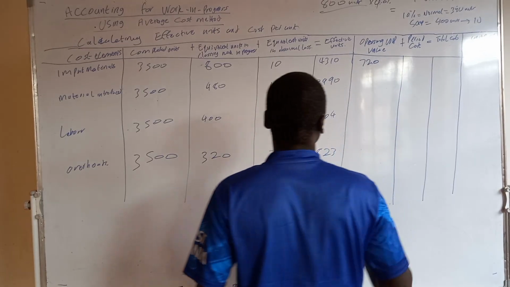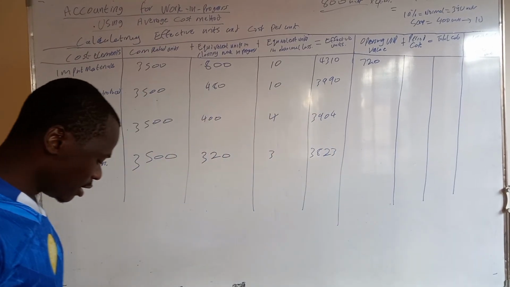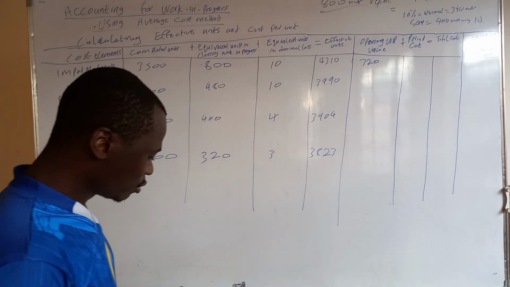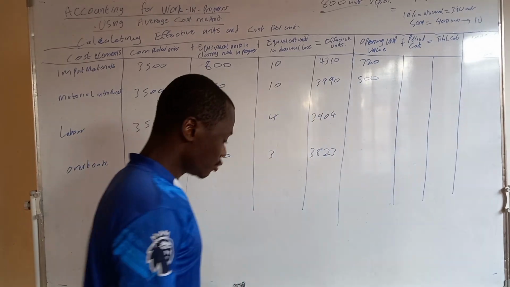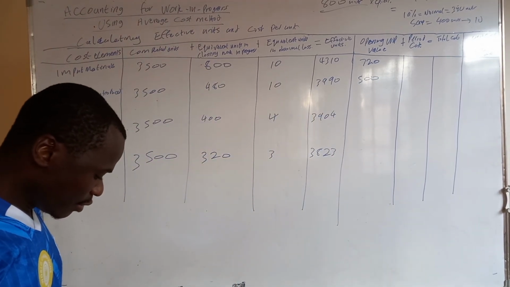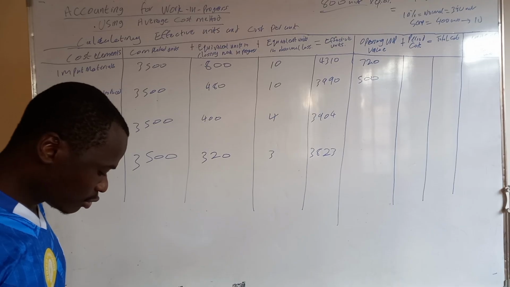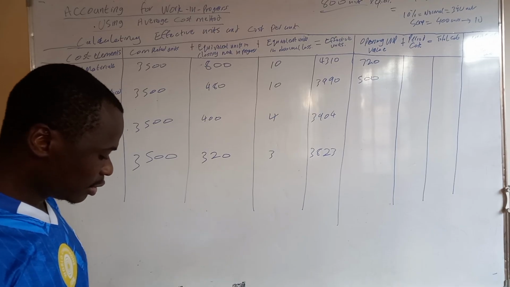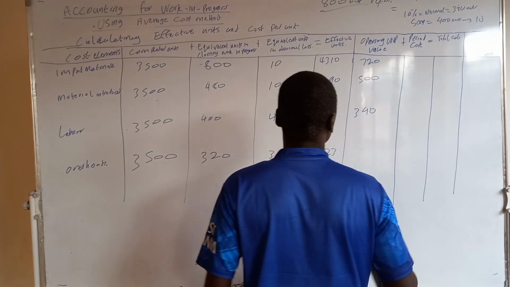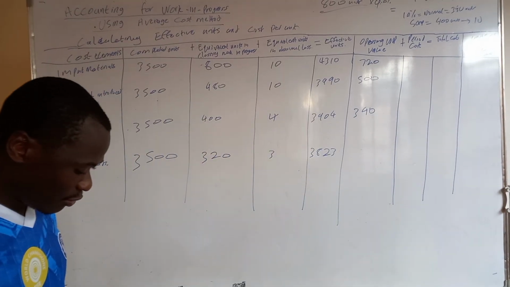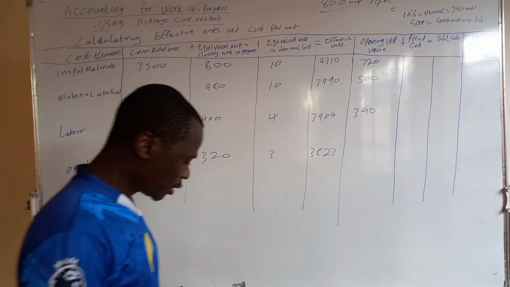Then we had material introduced 500. Then we have labor cost of labor was 340. Then we have overhead which was 2,070.